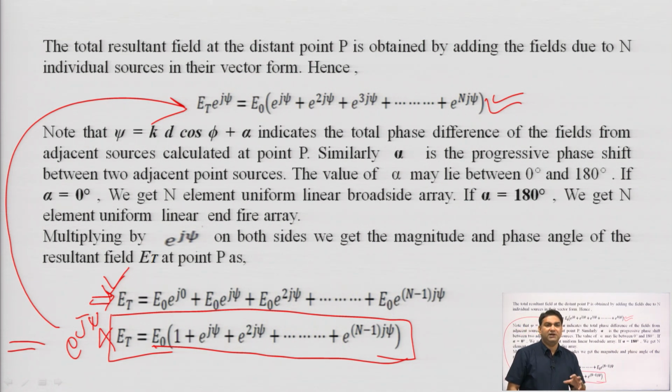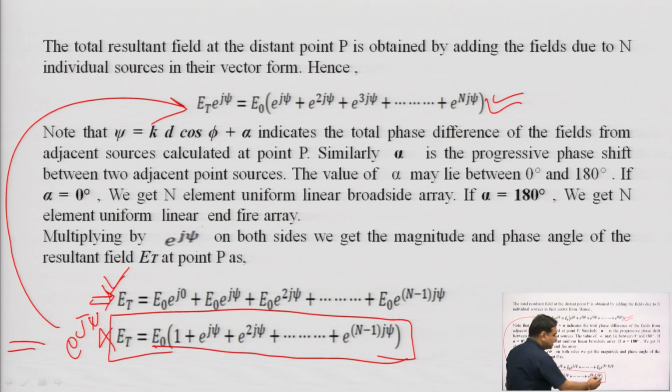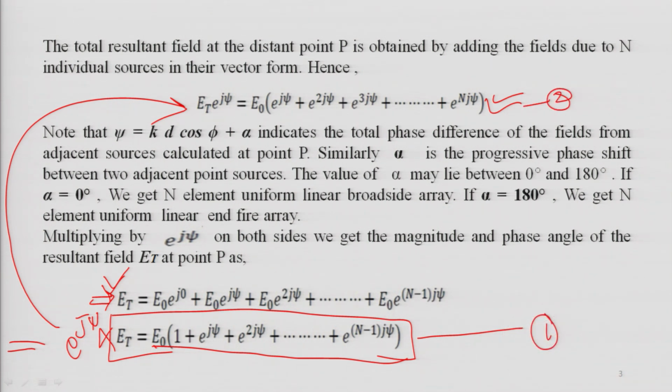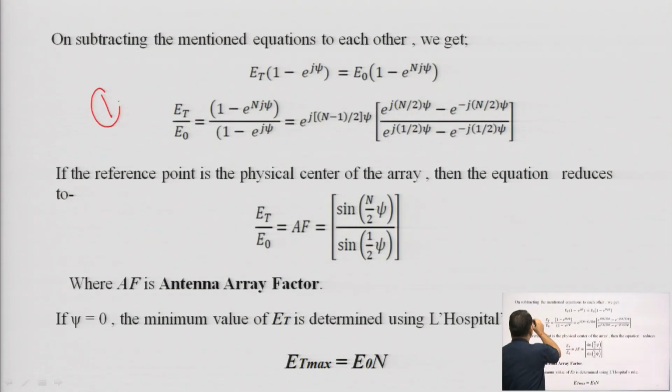We have done it to calculate the resultant field strength only, and this resultant field strength can be given like this. When we subtract equation number 2 from equation number 1, then we get this result.